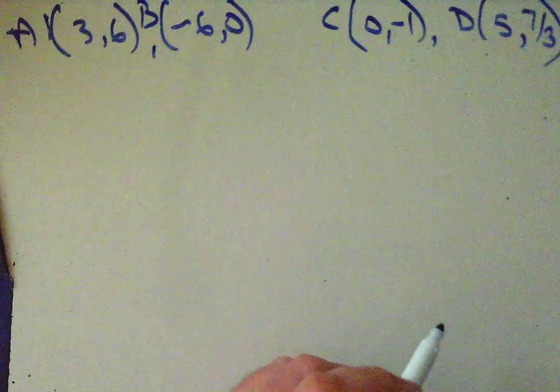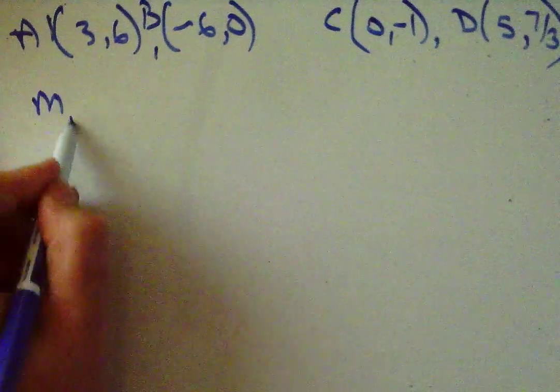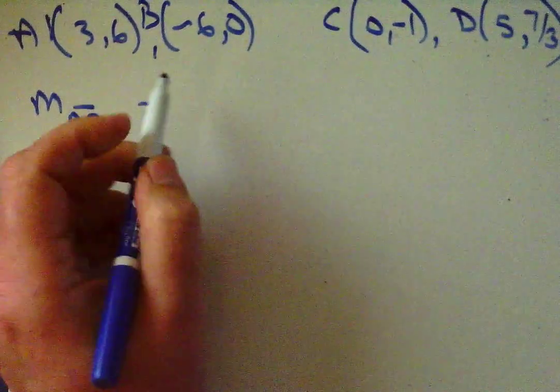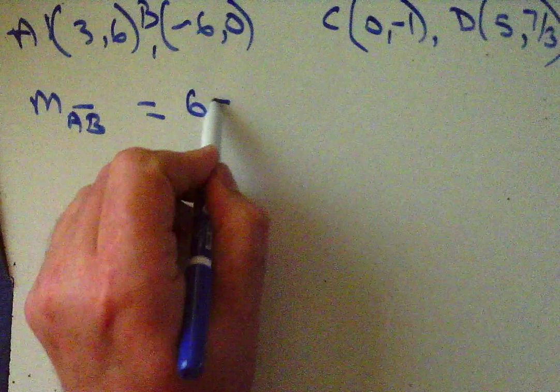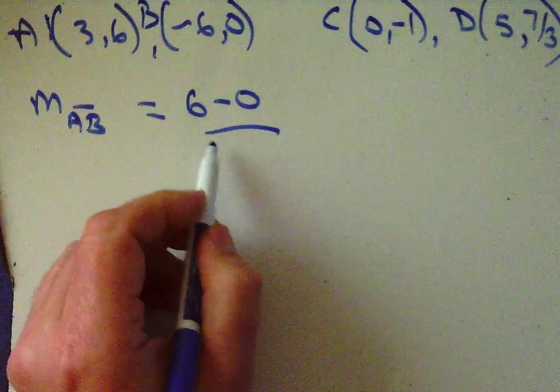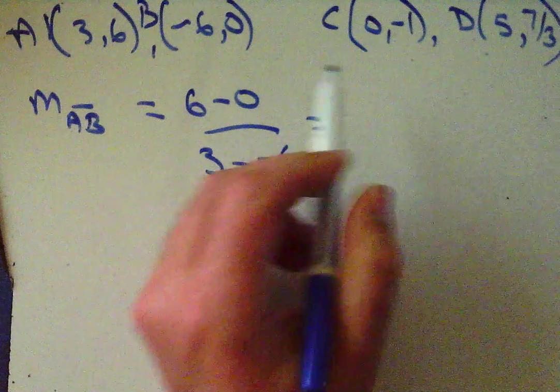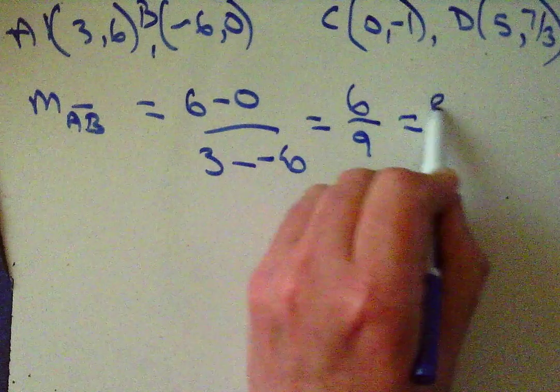Okay, so what's the slope of AB? I know that slope is 6 minus 0 over 3 minus negative 6, or 6 over 9, or 2/3.